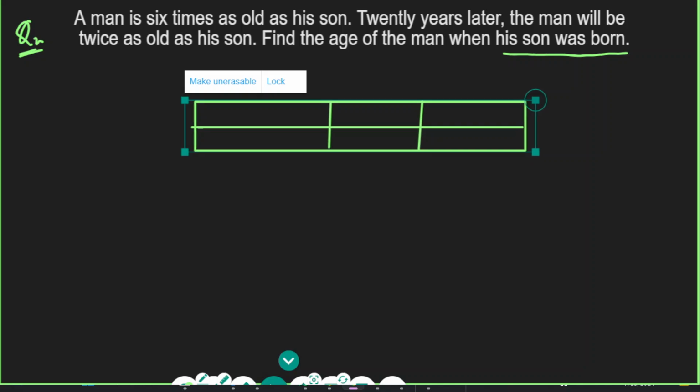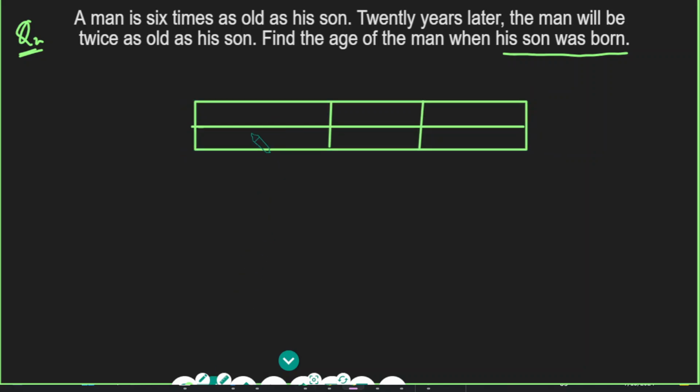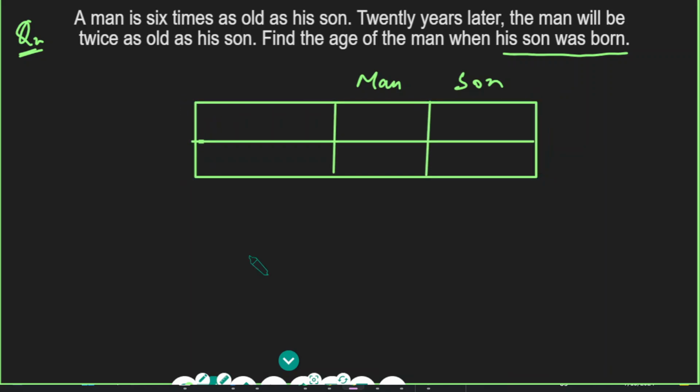So we write like this: suppose this is the man, and data of the man will be written down here, and this is the son. We write the present age of man and son, and the future time, that is 20 years later. This 20 years later is very important for writing the expression for future time.